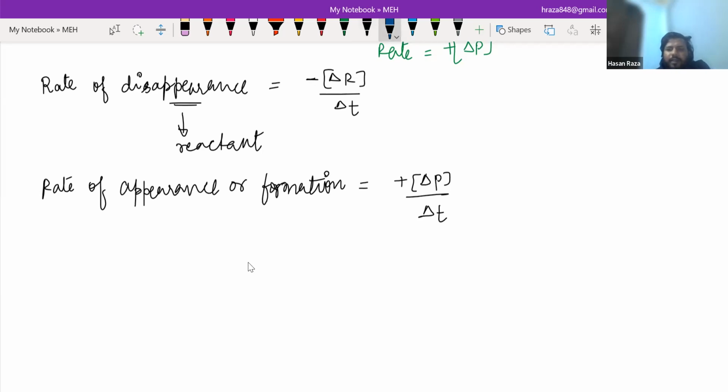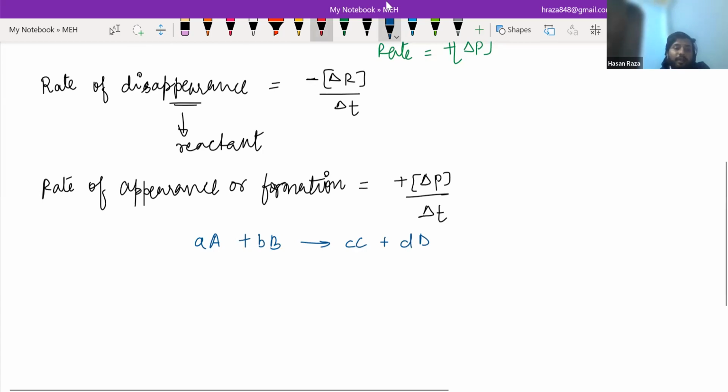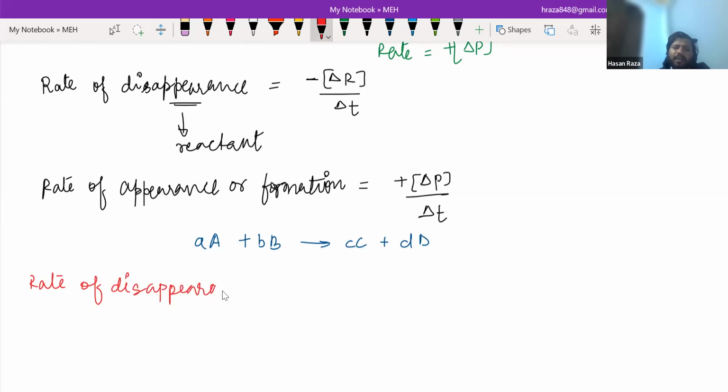So if a reaction is given like A plus B giving C plus D, and you are going to calculate the rate of appearance or disappearance, first we deal with disappearance. Whenever there is the term disappearance, there should be a click in your mind that we use it for reactants.